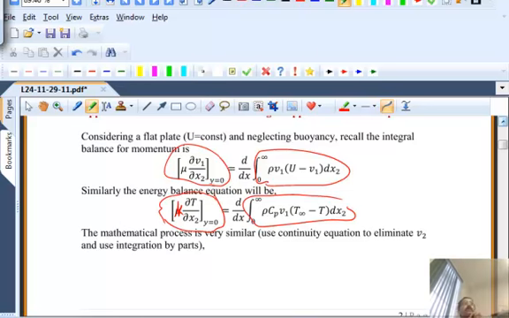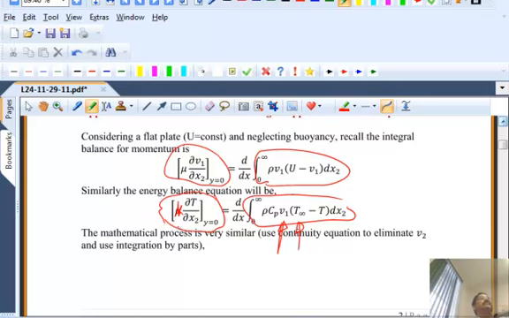That is our goal. So we need to assume a temperature profile, but we also need to assume a velocity profile, because the heat transfer problem depends on both velocity and temperature. It's a convective heat transfer problem. So we assume that, and we solve for the heat flux at the wall. You integrate the heat flux, you get the Nusselt number.